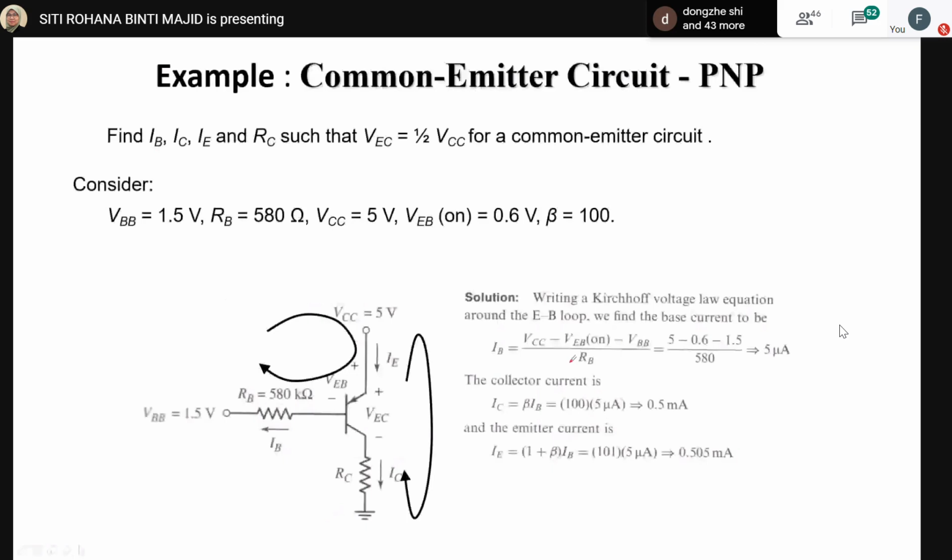Okay, and then for this question you need to consider VC equals 0.5 VCC, and then you just get it from the above calculated value, and then plug in to get the answer.